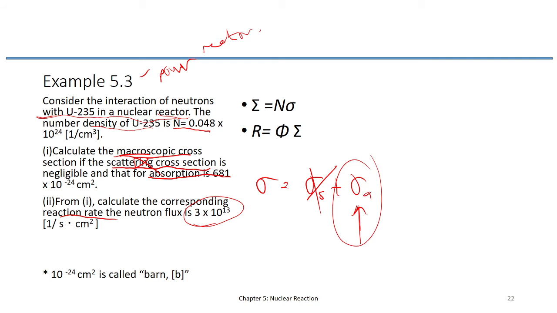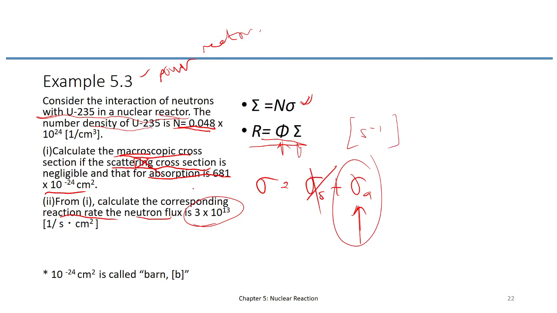If you do that, you can get sigma, which is the density of uranium multiplied with its absorption cross section. Then you want to calculate the reaction rate, which is flux times the macroscopic cross section. The flux is given, so you will get R in unit second^-1.